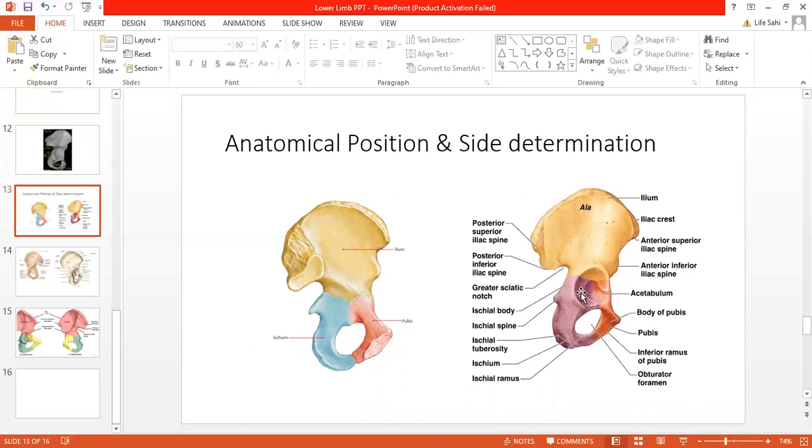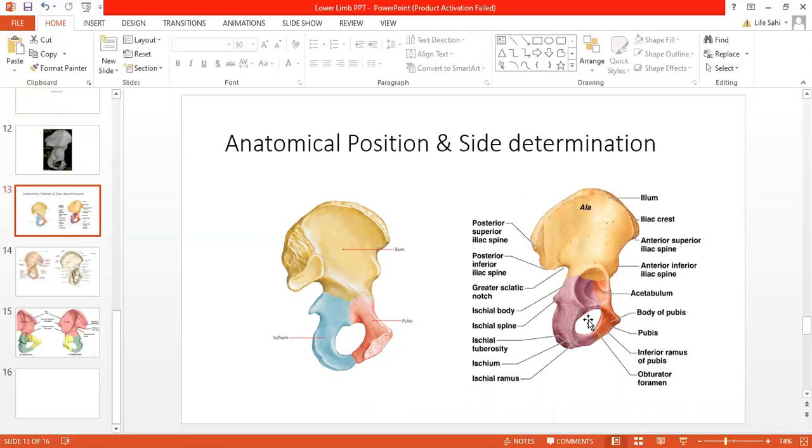Also, this very site is the union of the three bones that form the hip bone, which are the ilium, the thick postero-inferior ischium, and the thin antero-inferior pubis. So we need to place the iliac crest superiorly and the acetabulum posterolaterally while holding the hip bone.